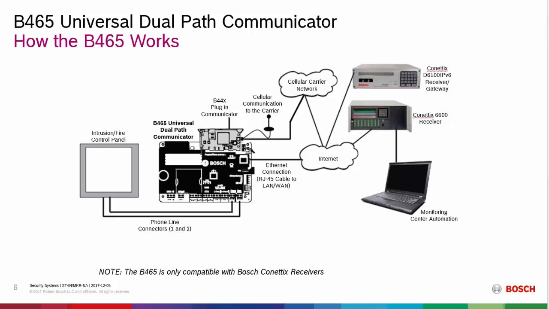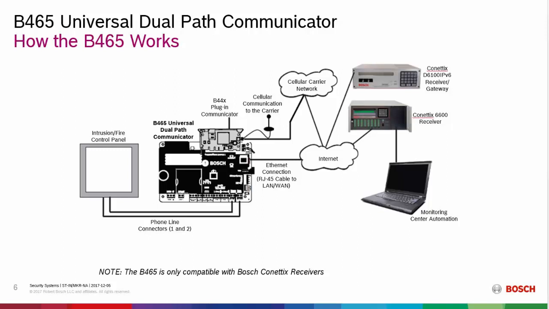And then whether you want Ethernet or cellular as your communication means, you can do either or both if you want. And then the paths to the single receiver or redundant receivers where the central automation software is running in your CMS.